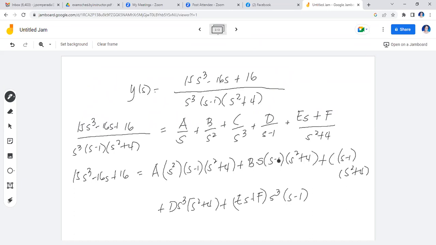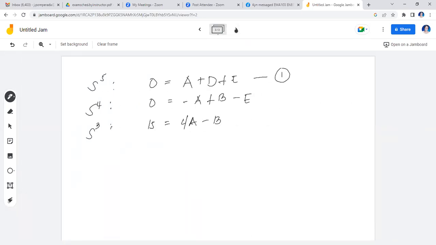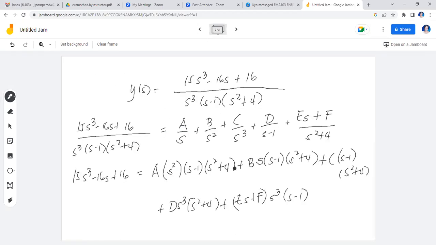This one is just S, that one S to the 4th. So this one, your S cubed would be the C itself. S and S squared, so that would be the C. Here, this one, the D, but it should have 4.